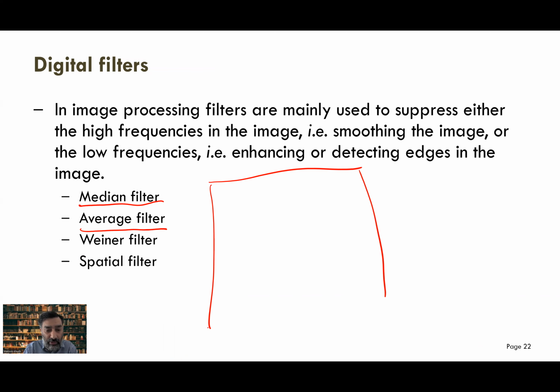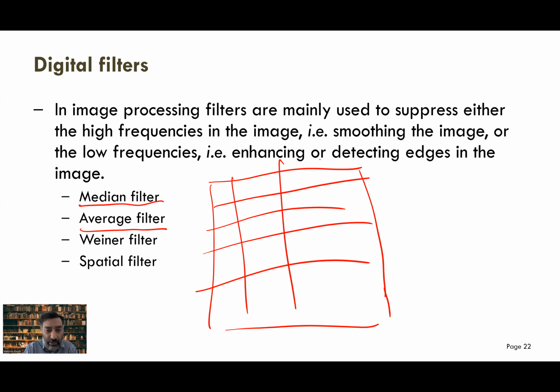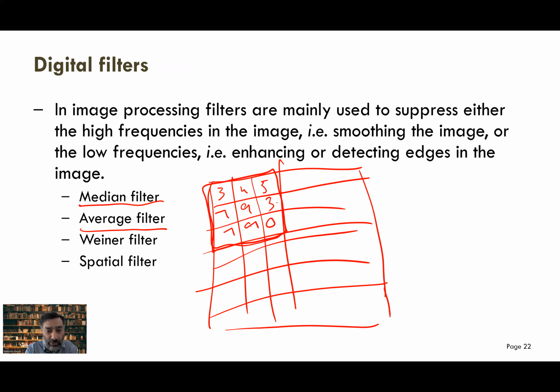If this is your image, and you have some values here, for example 3, 4, 5, 7, 9, 3, 2, whatever. Then you define a window. You say, this is my 3 by 3 window. You move that window across. If it's a median window, you look at the median.